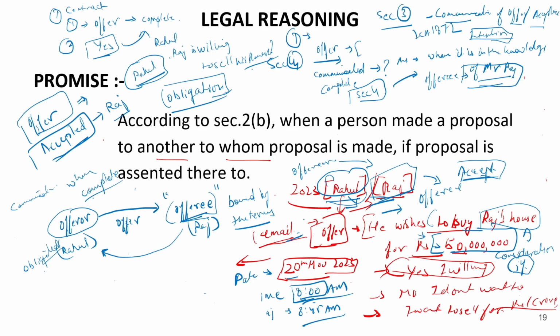And the offeree, now Raj, also communicates that yes, I wish to sell my house to you for rupees 50 lakhs. So if this communication he sends via mail to Rahul at 8:47 a.m. saying that yes, I accept your offer.